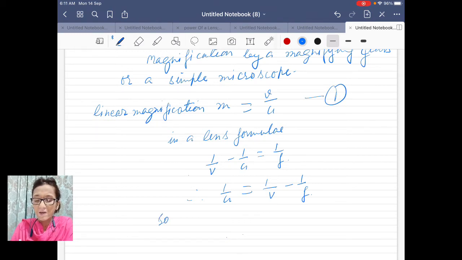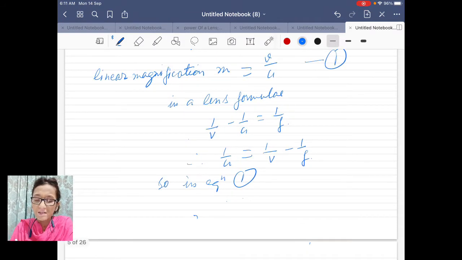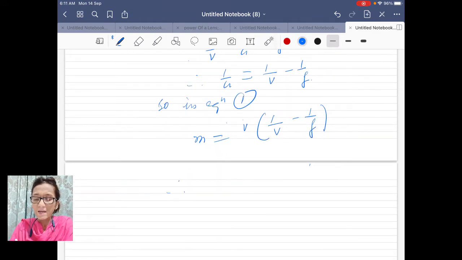In equation 1, your magnification is equal to V into (1 by V minus 1 upon F), and therefore magnification is equal to 1 minus V by F.